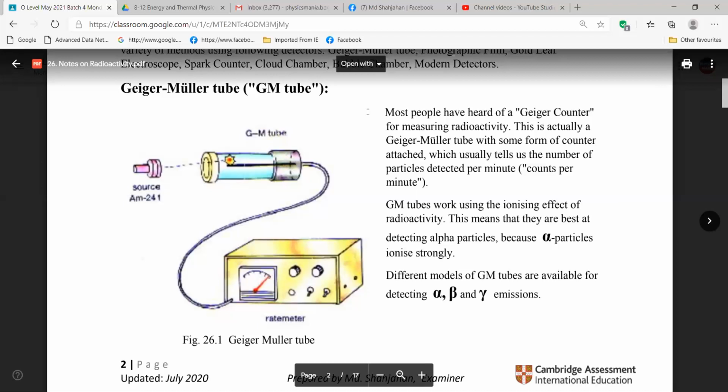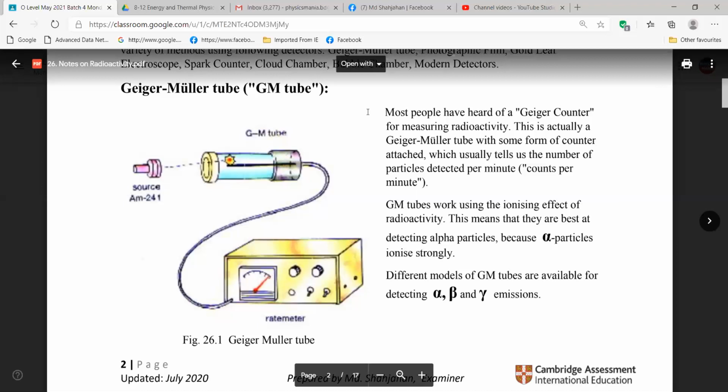They are best at detecting alpha particles because alpha particles ionize strongly. Different models of GM tube are available for detecting alpha, beta, and gamma radiations, meaning emissions.